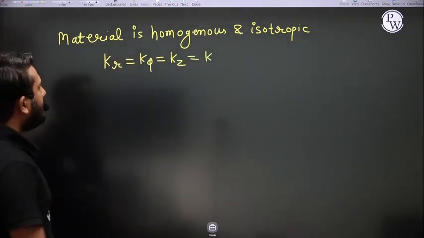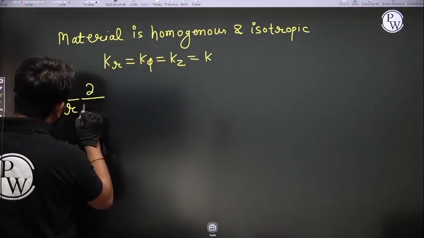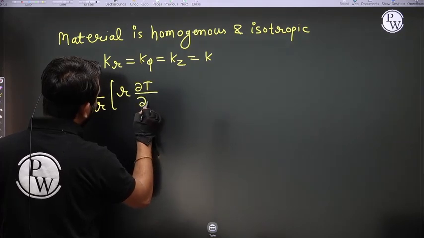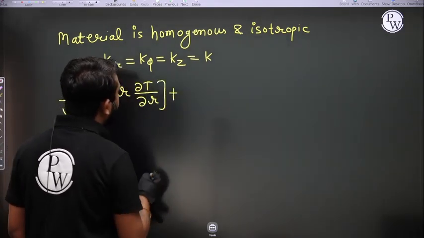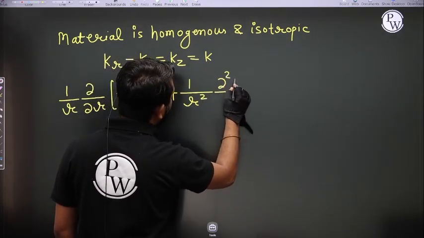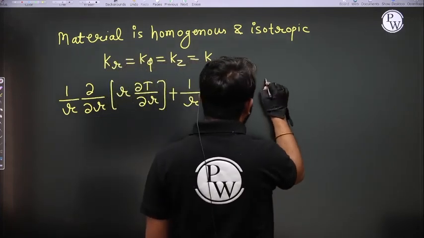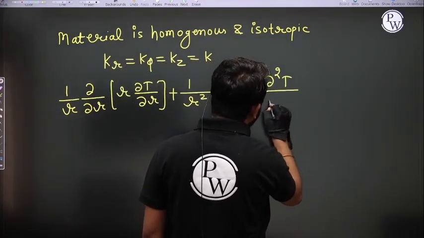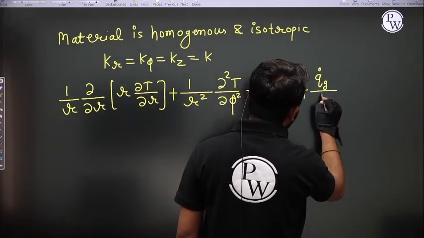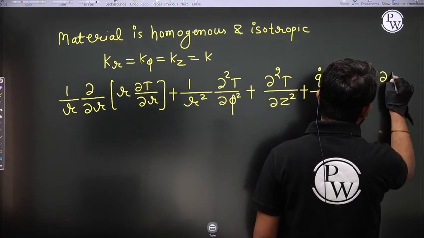So ultimately what you are getting is 1 by r del by del r of r del T by del r, plus 1 by r square del square T by del phi square, plus del square T by del z square, plus q dot G by K is equal to 1 by alpha del T by del tau.